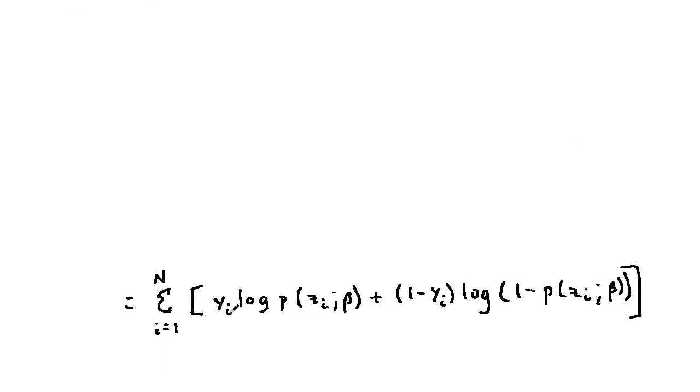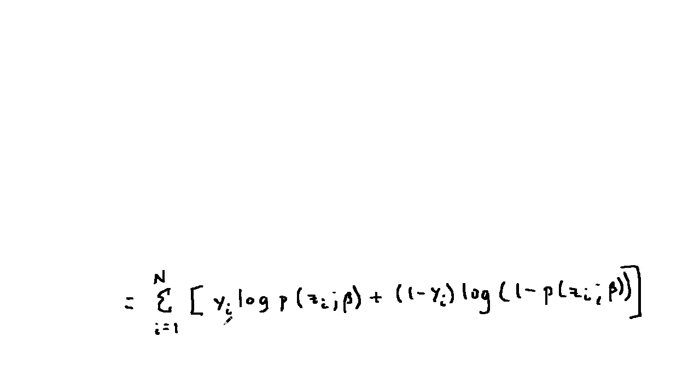Okay, and that's equal to this, the sum of yi log of p of zi plus 1 minus yi log of 1 minus p of zi. Here, when yi equals 0, then what counts is this part.